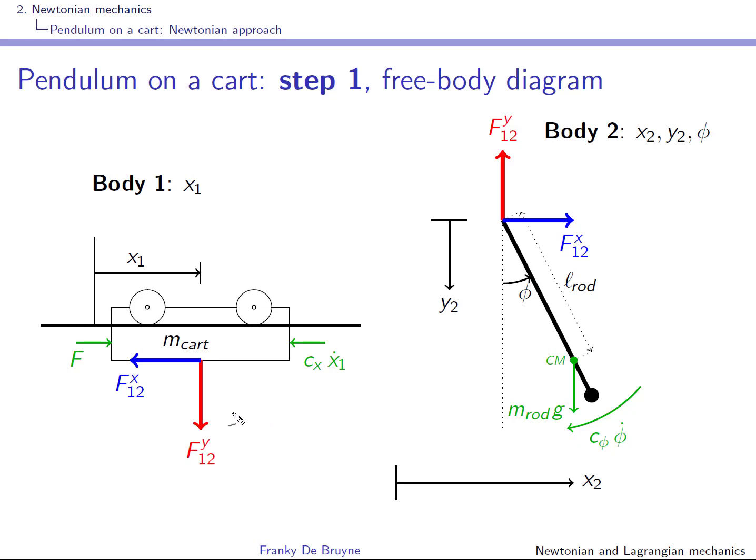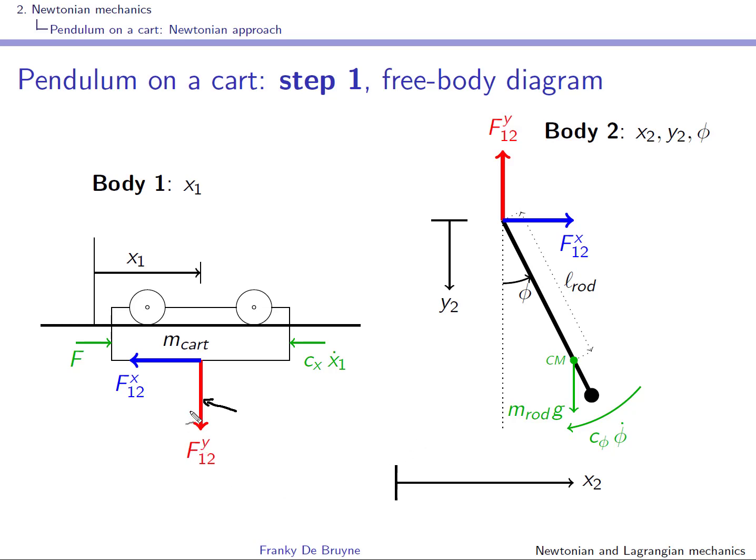Here this force is the force that the pendulum is producing on the cart, and this is the force that the cart is producing on the pendulum. By Newton's third law, these two forces are the same in magnitude, but directed in opposite directions.